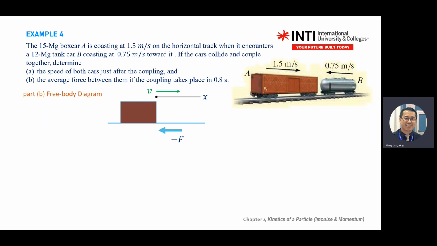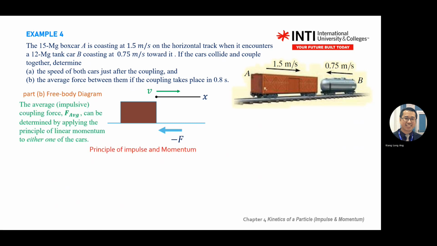The average force between them, you don't confuse with the first one. Part B asks you for the force between them, which means you look at one body. If it's A, your force is pointing into it, so you have negative F, with the positive direction to the right. So here you use back the principle of impulse and momentum.